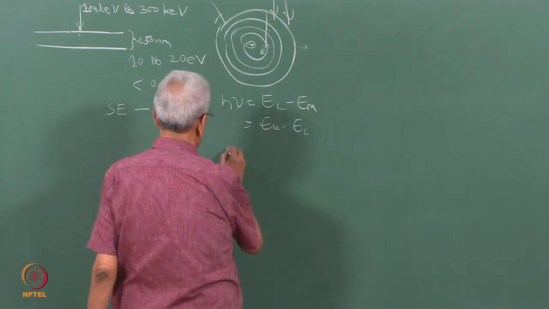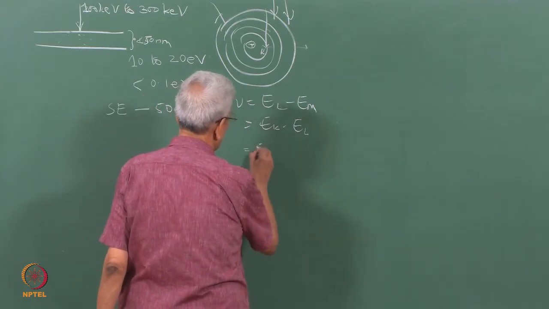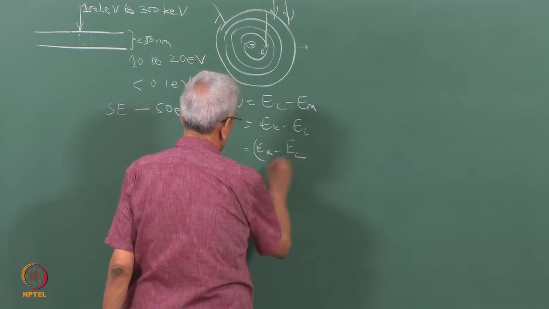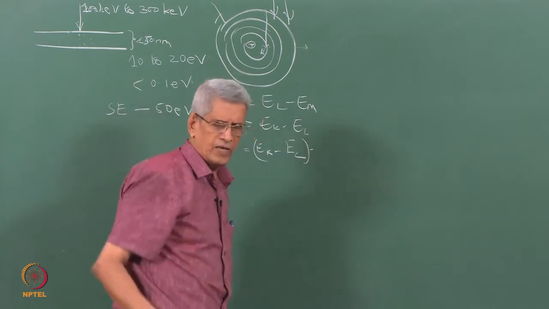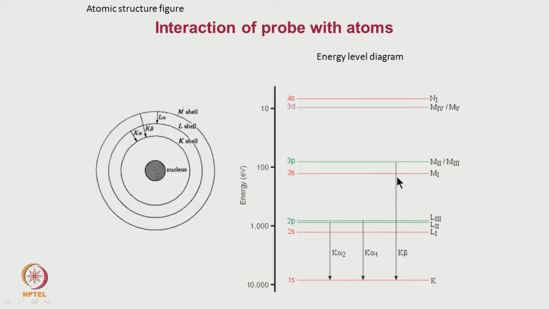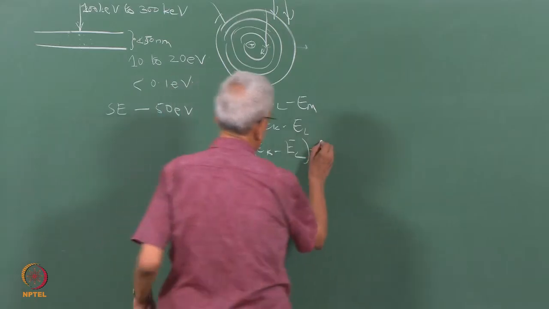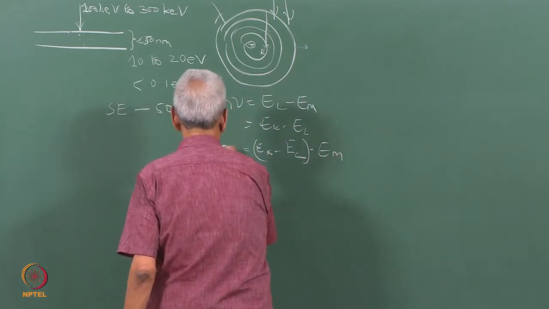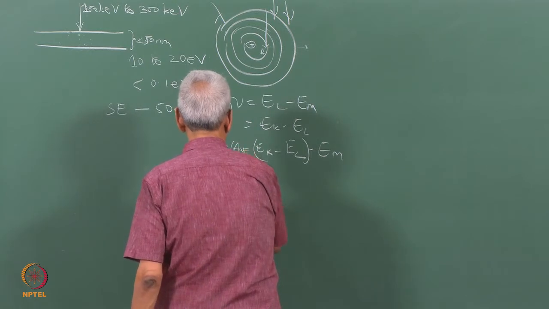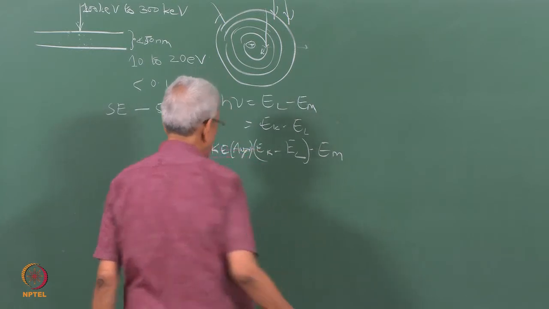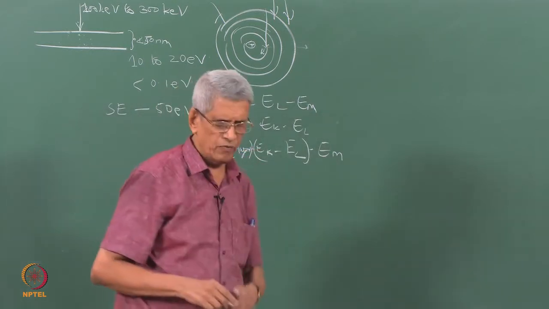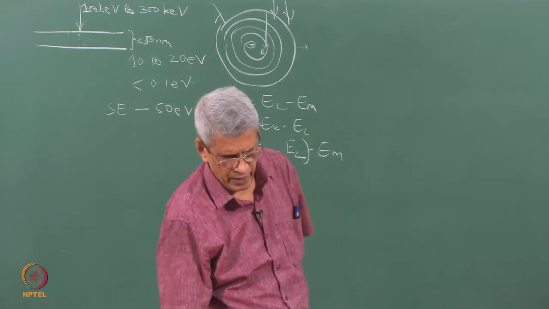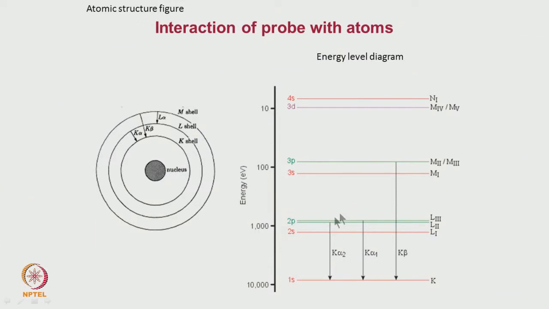Then the energy of this electron will turn out to be EK minus EL minus EM, where EM is the energy of the electron in the M level. This is the kinetic energy of this electron. These electrons are called Auger electrons, and for this discovery Auger was given the Nobel Prize in 1925.